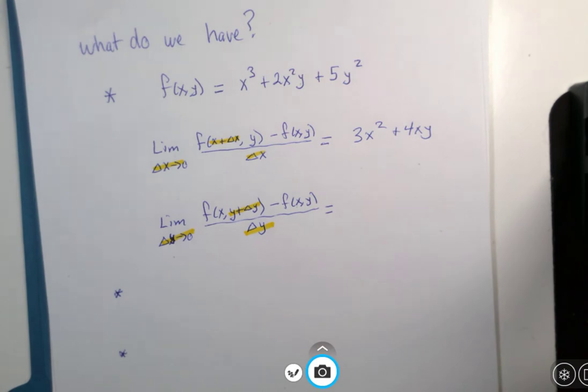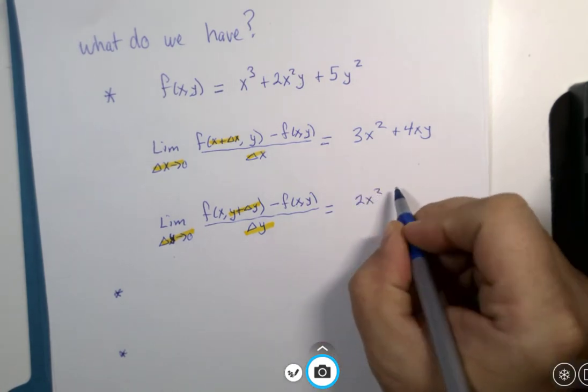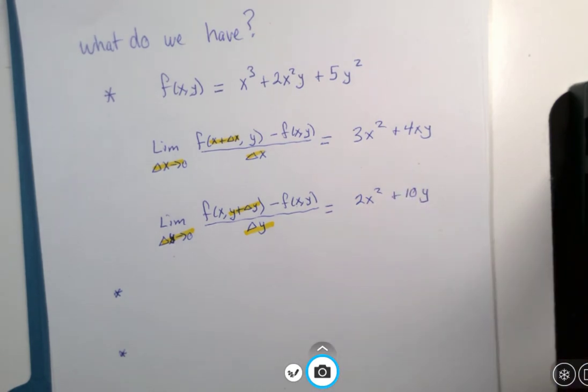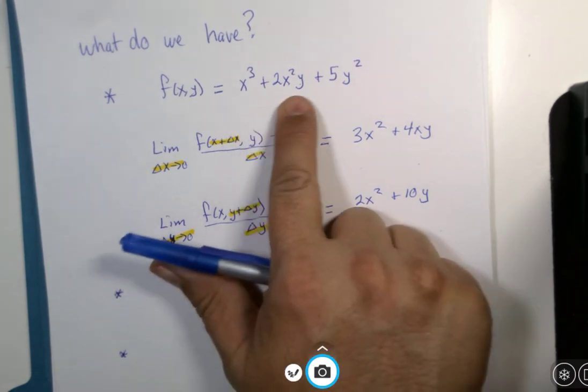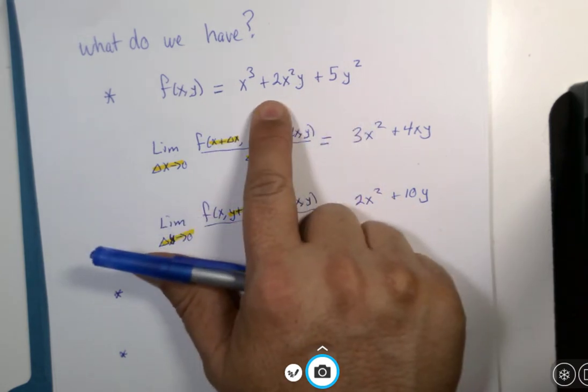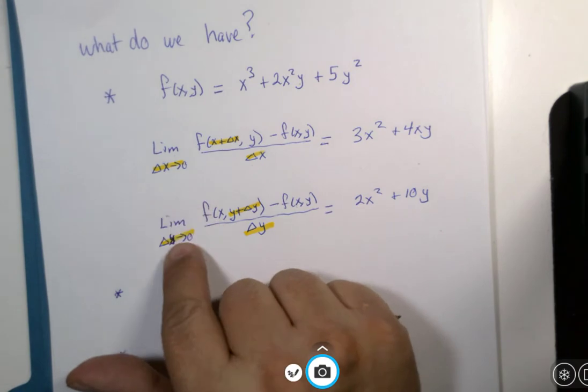And in that segment, we got 2x squared plus 10y. So if x is our variable that we're working with here, so notice we're not using both variables, we just chose to use one.